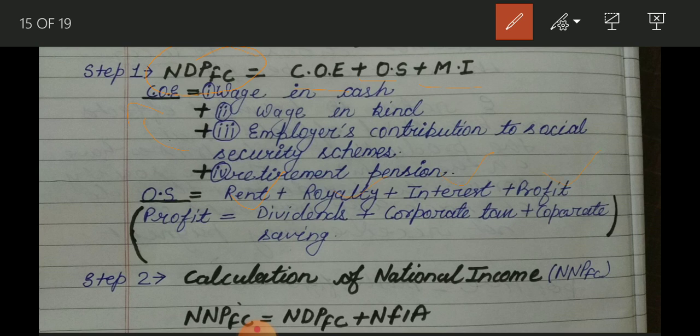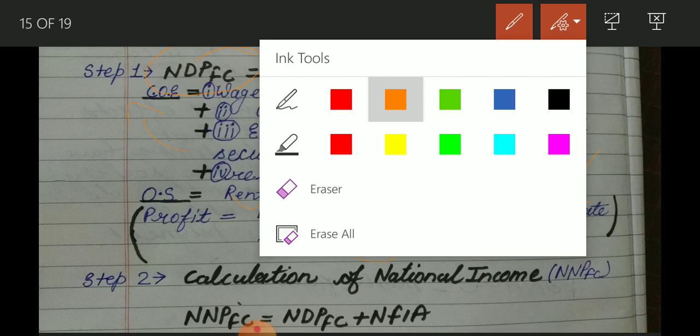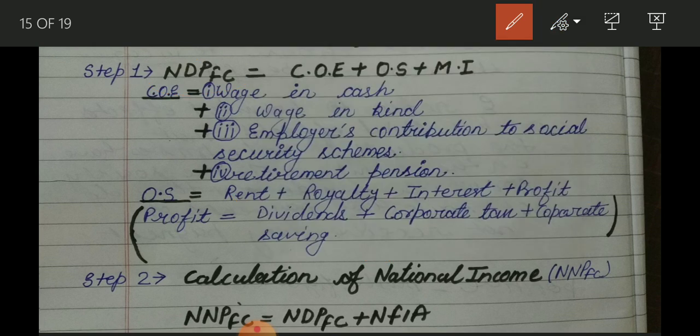One more thing: if the question is made more complicated, then in that condition profit is also not given directly, it is given in its components. And what are the components of profit? Profit is the sum total of dividend, corporate tax and corporate saving. So in this way, when we add these three, COE, OS and MI, we get NDP-FC.